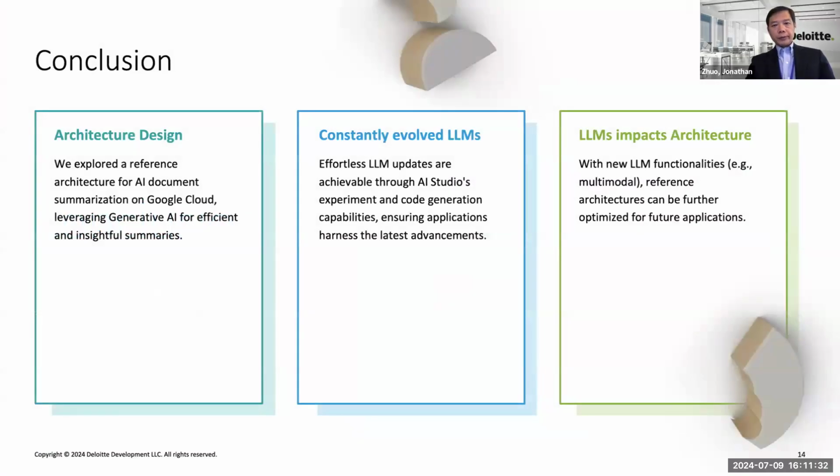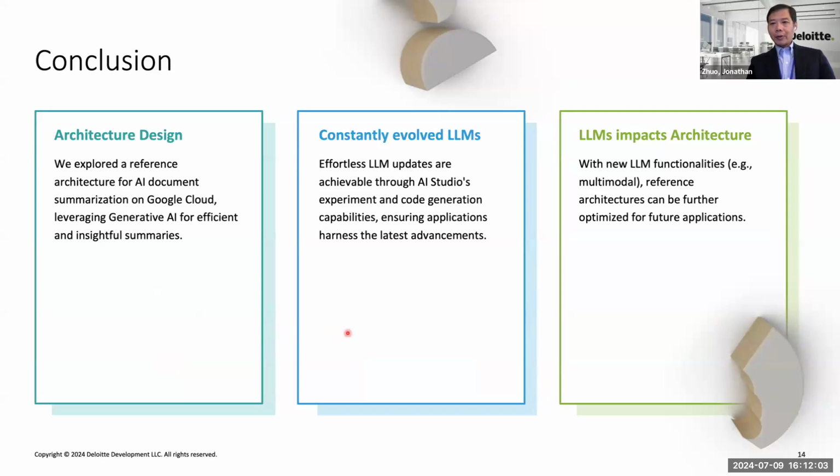Here's the conclusion. Today, we talked about three things. First, we dived into the architecture design. We explored a reference architecture for AI document summarization on Google Cloud, leveraging generative AI for efficient and insightful summaries. Second, we talked about how to handle constantly evolving large language models.